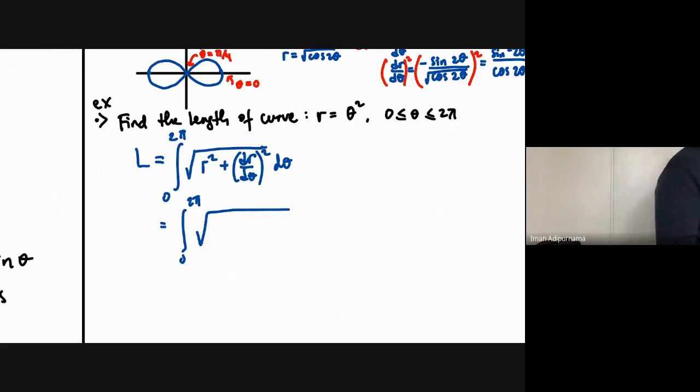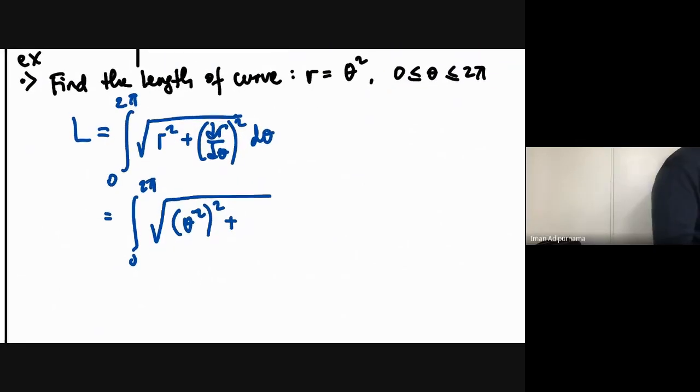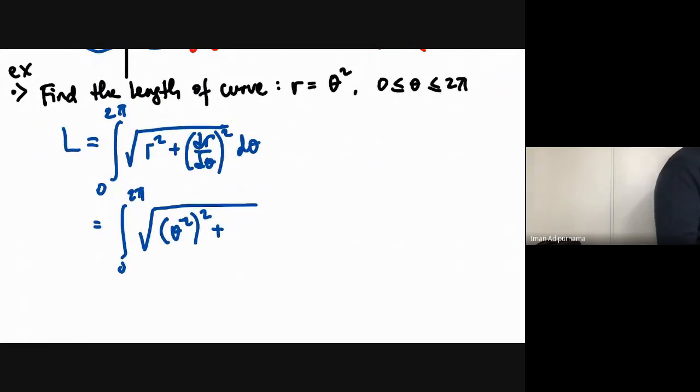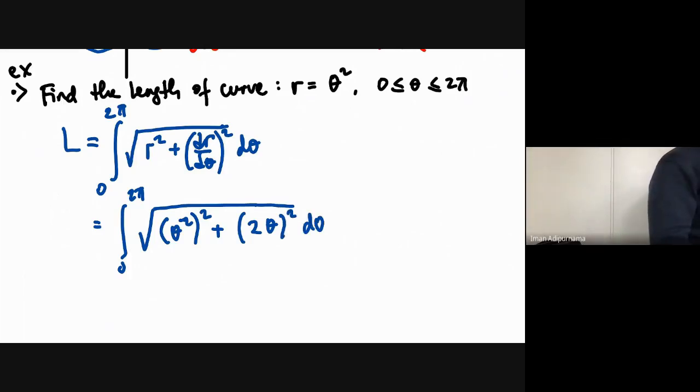And we can substitute all with our functions. It's actually easier than the previous one. And dr over d theta is 2 theta, squared, d theta.